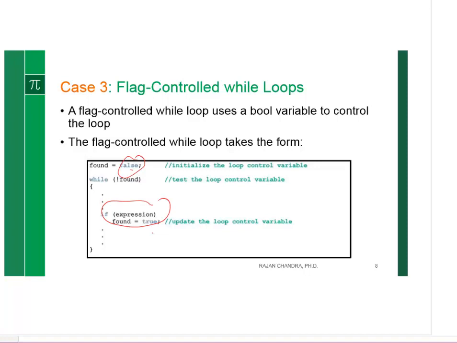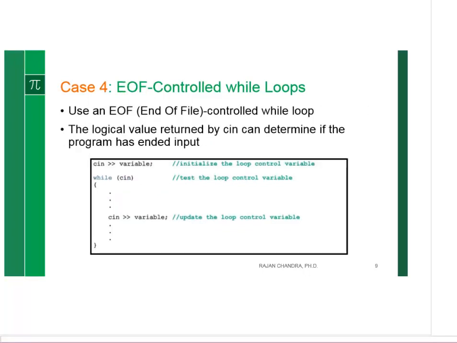As long as found is false, we continue to stay in the while loop. When it becomes true, we get out of the loop. We can also control the while loop with an end of file marker, which we will discuss later in the class.